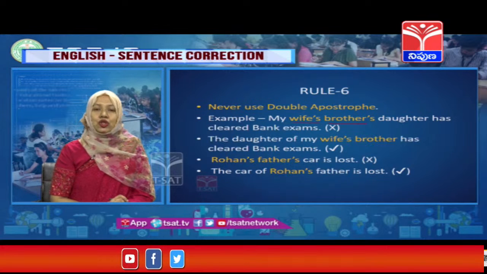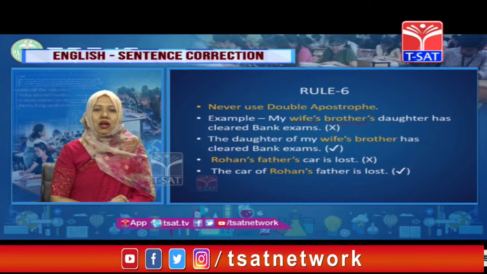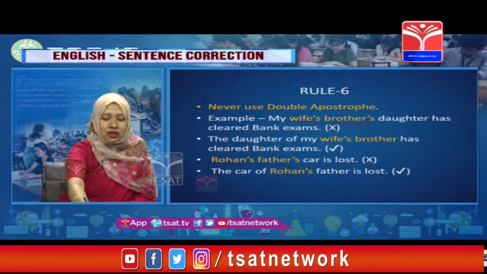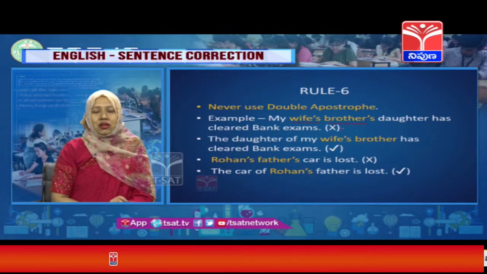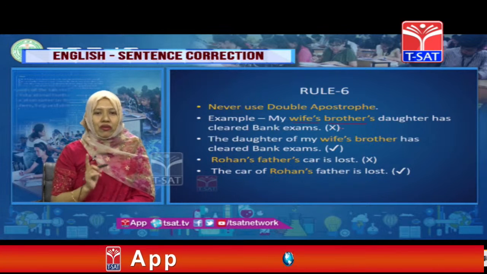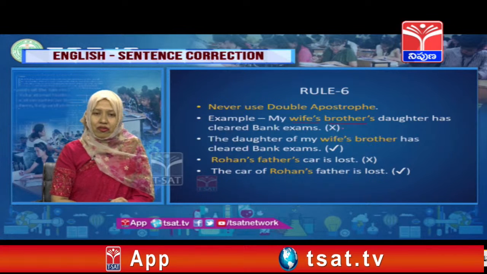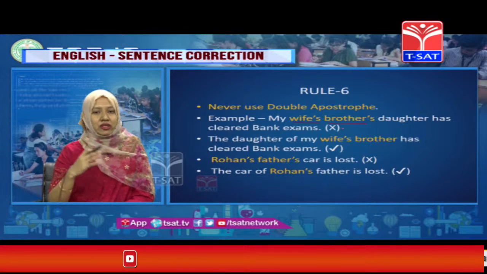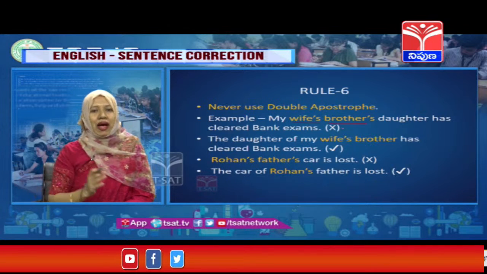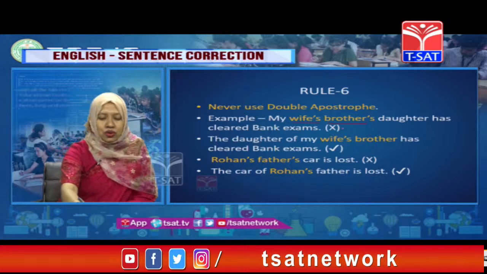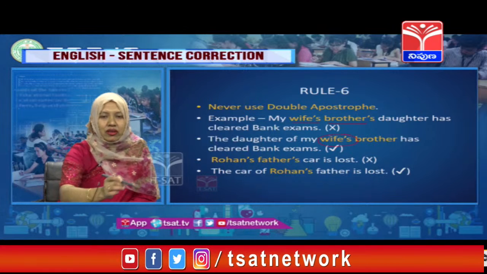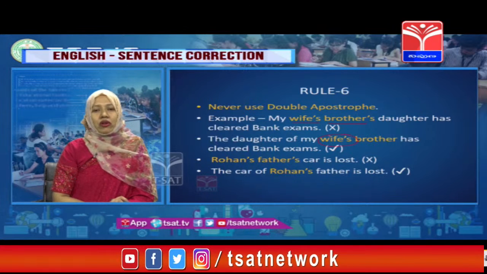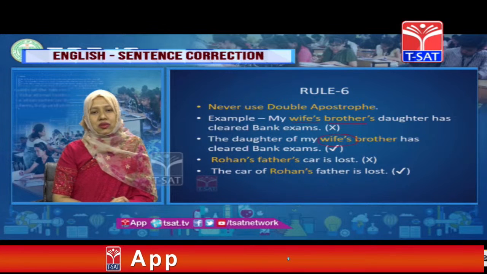In a sentence there should never be a double apostrophe. This is a wrong sentence. Actually, when you write, you should use only one apostrophe. The correct formation of the sentence is, the daughter of my wife's brother has cleared bank exams. Here we are using an apostrophe only with wife, not with brother.